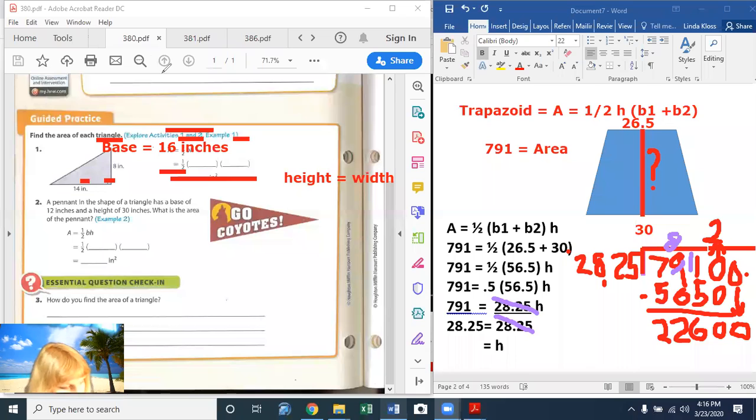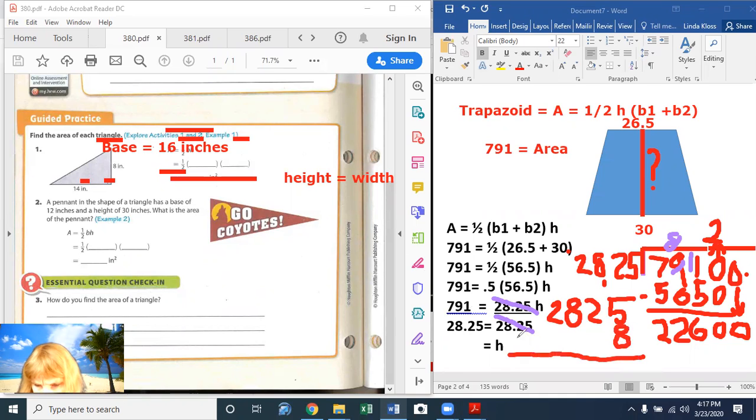So let's try 7. Might be 8. Let's try 8. I don't know if it's 7 or 8, but it's got a 0 on the end, so I'm gonna bet on the 8. So let's go like this, and we're gonna times it by 8 and see what we get.